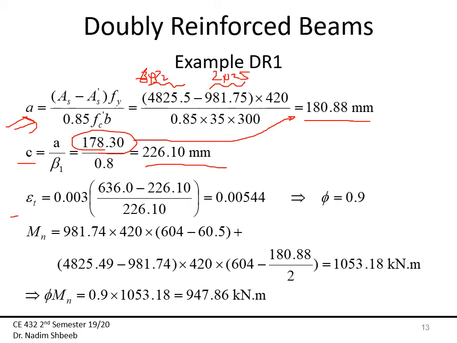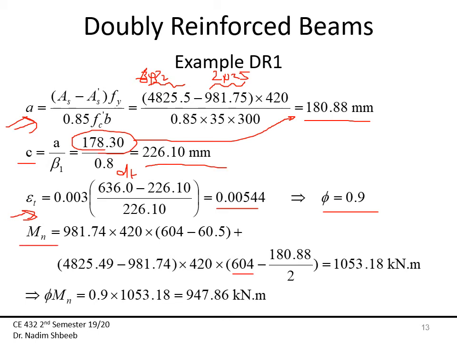So this is equal to 226.1. Now I'm going to calculate my epsilon t. Again, this is now d_t, and that's not d, which is the 604. So now this becomes 0.00544, which ensures me that phi is equal to 0.9.